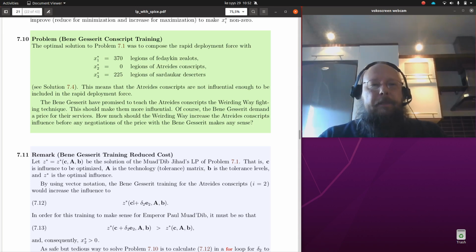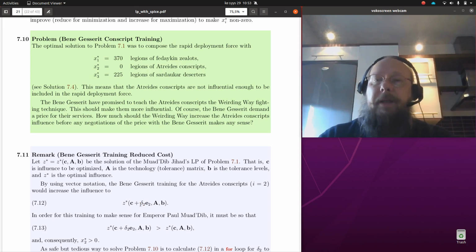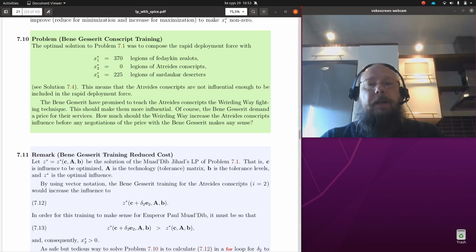And then the new vector C plus delta 2 E2. So this would be the new influences of the legions of different troops when the weirding way is delta 2 effective, meaning that the Atreides conscripts, index 2, that's why there is E2 and delta 2 here.